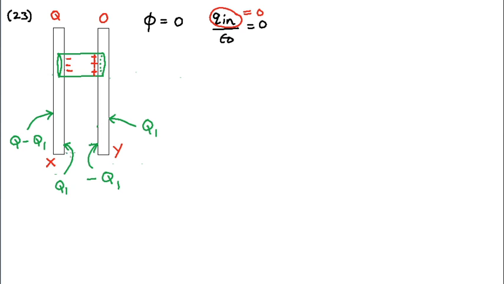Now all that remains to be done is to find this one unknown, Q1, and then we can plug it in to all of these four expressions and we get the overall charge distribution. To do so, we consider a point, let's call it P, in the interior of any one of these two metal plates.